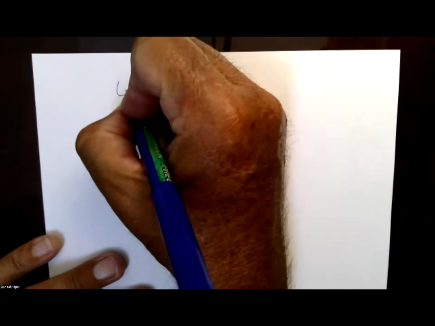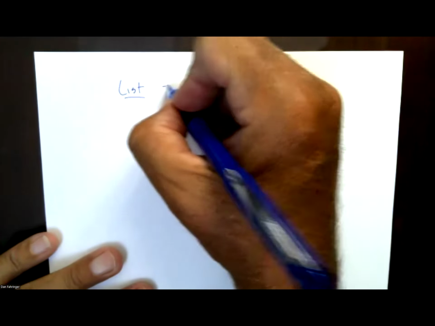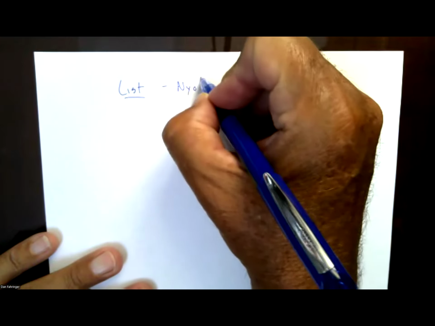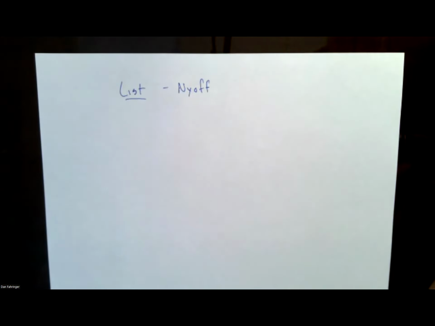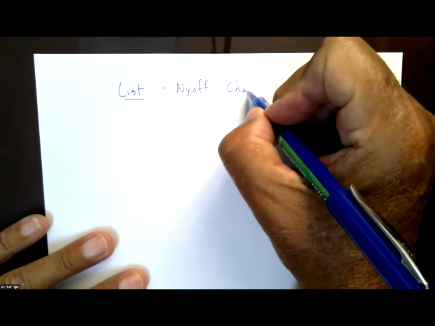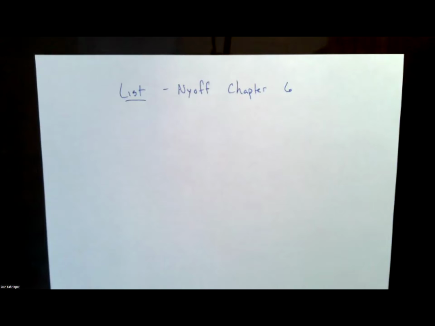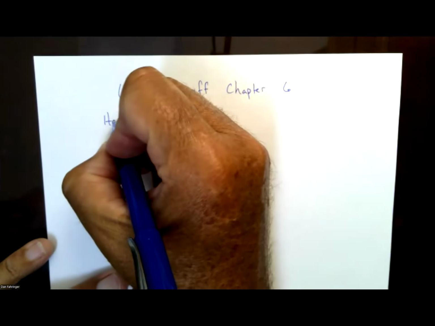Okay, a list. Now, where is a lot of this coming from? I did mark this on the daily schedule that was part of the syllabus, but this is coming from the book, and it's chapter 6. Now, a list is going to be something that is what we call homogeneous.